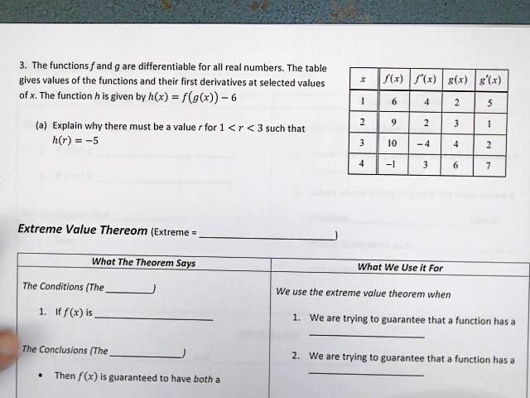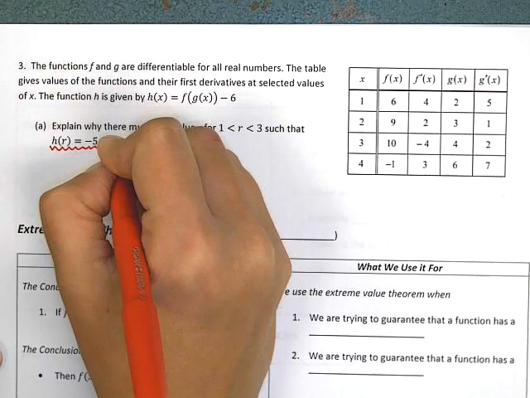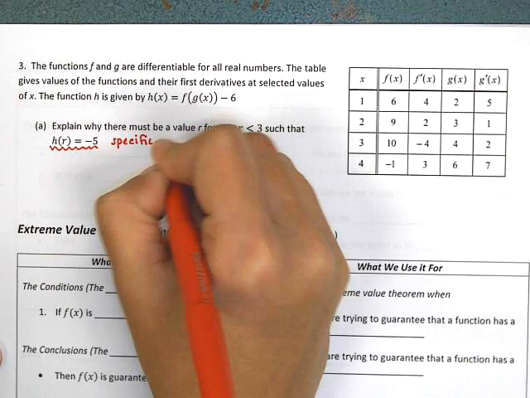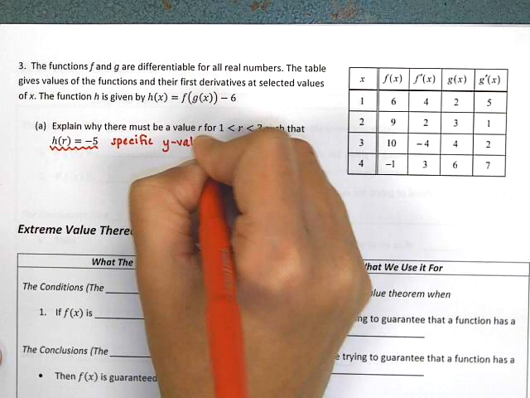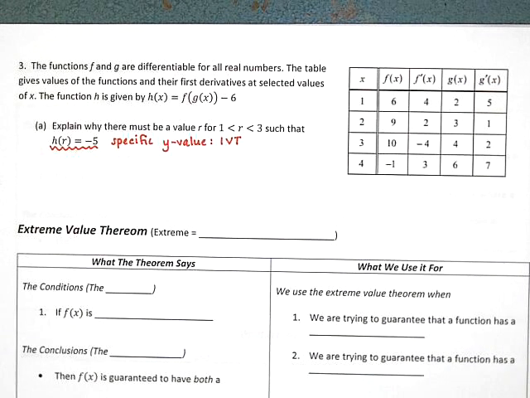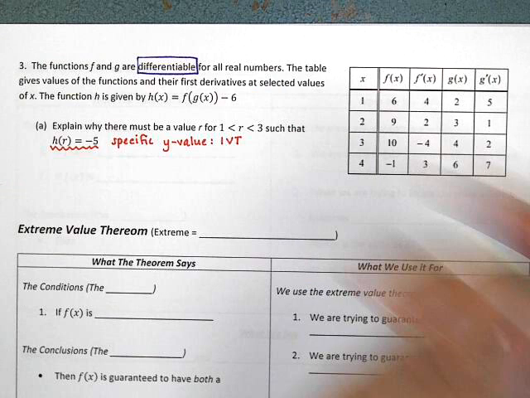As soon as you see that you are trying to guarantee a specific y value, you know you need to use the intermediate value theorem in your answer. So step 1 is to verify whether or not we are continuous. In the directions, it says that my functions are differentiable.